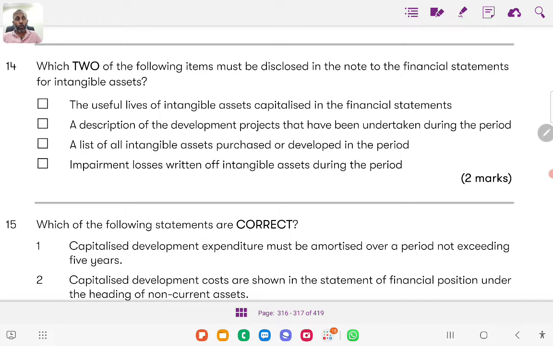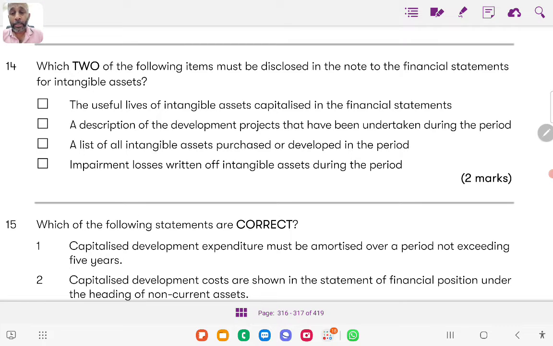As you probably know, intangible assets have either an indefinite life or a definite life, and when an intangible asset has a definite life, we have to talk about amortization. For these purposes, we have to disclose the useful life. So answer number 1 is required, and it's a correct answer.